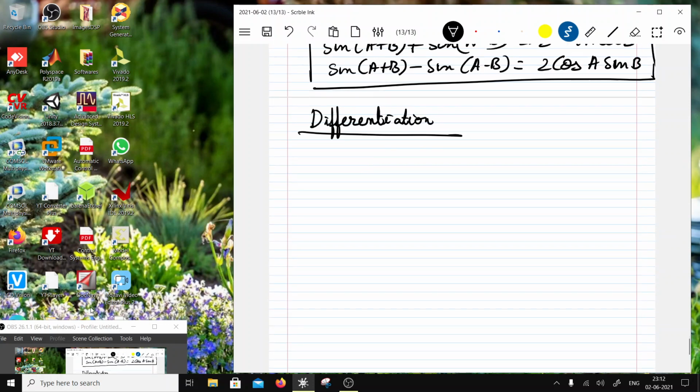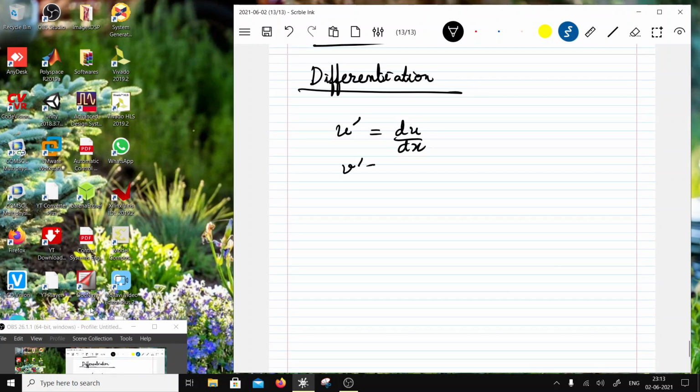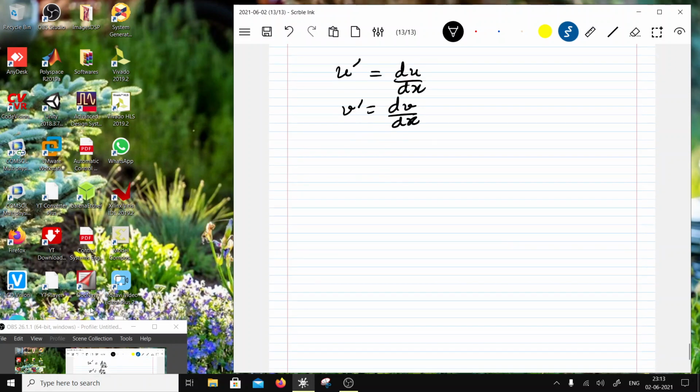If I put a dash on u, that would be the same as du by dx. If I have v, it will be dv by dx. So this is as per the convention. So if I have cu dash, so this will be cu dash. So this is the first thing.